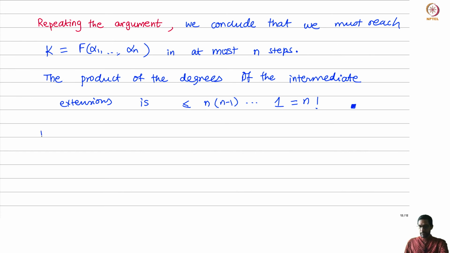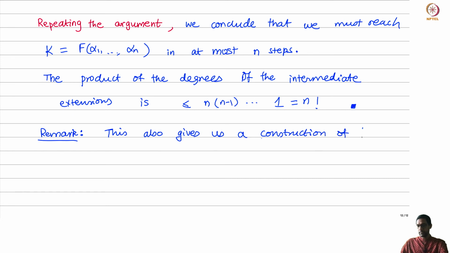Okay, in fact, a thing to note here, a remark, is that in the course of the proof we have also seen a way to construct the splitting field, if you will. So this also gives us a construction of F of K, the splitting field.